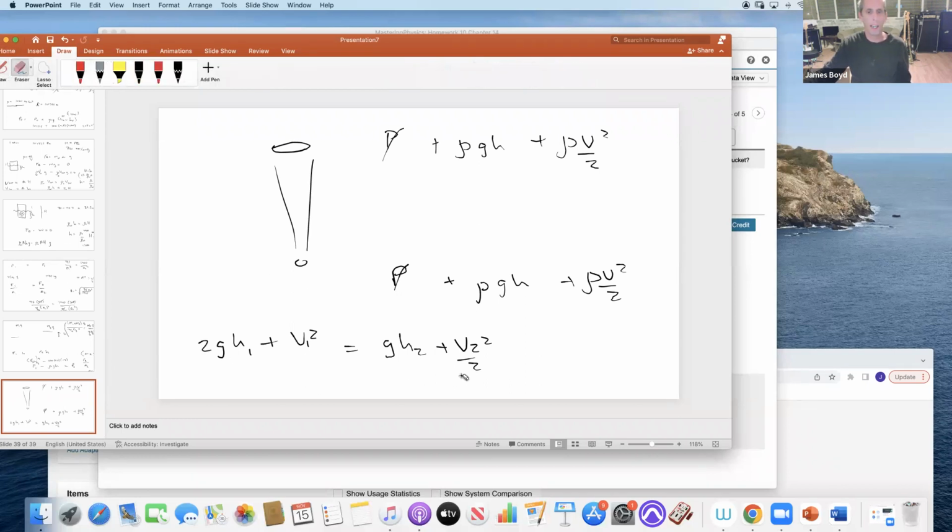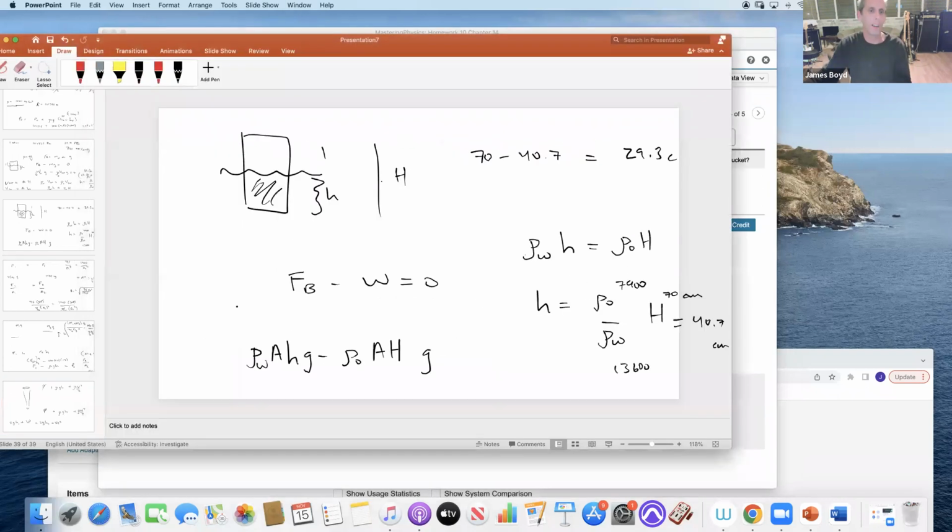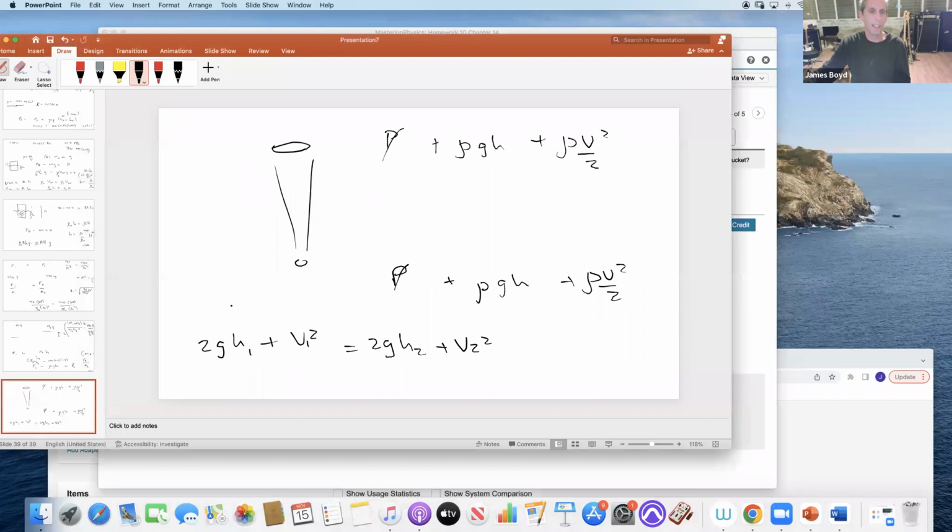I have one last thing I have to do here. Now, what did I want to know? Vertical pipe emerges from a 16 centimeter diameter cylinder and falls straight down. So this is 7.5 meters. This is 0. This is 2.0 squared.